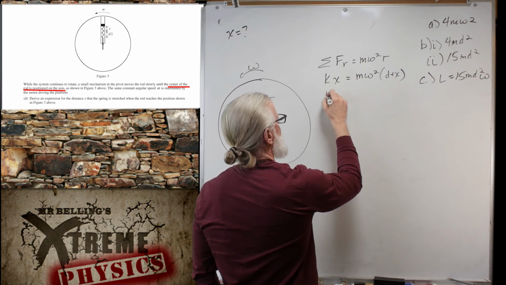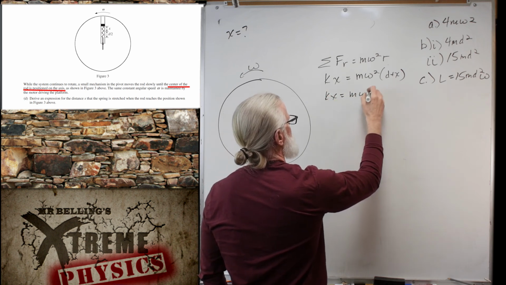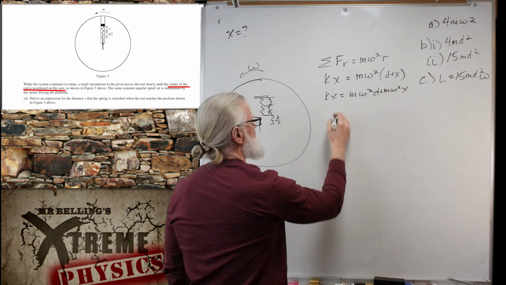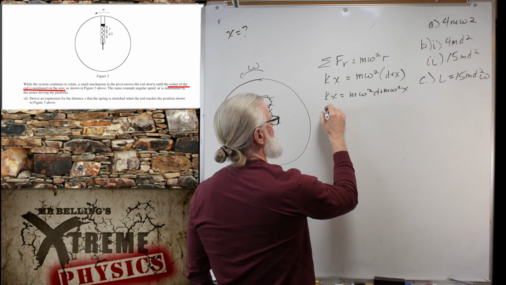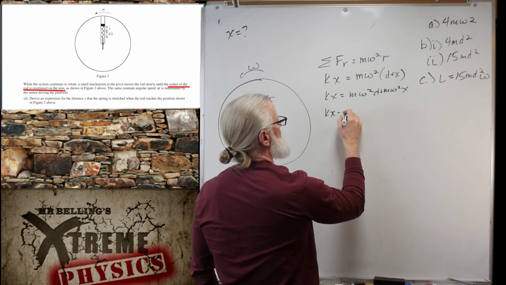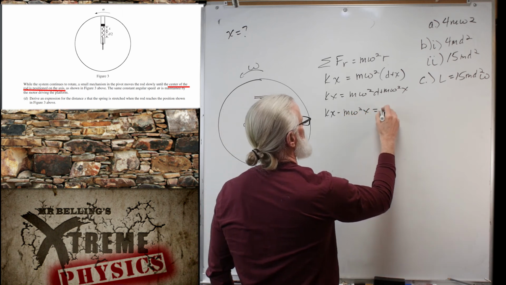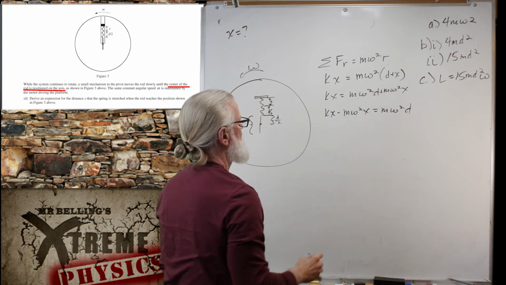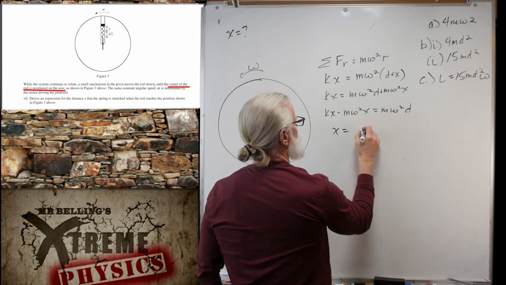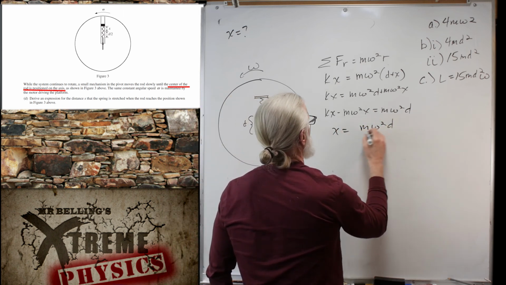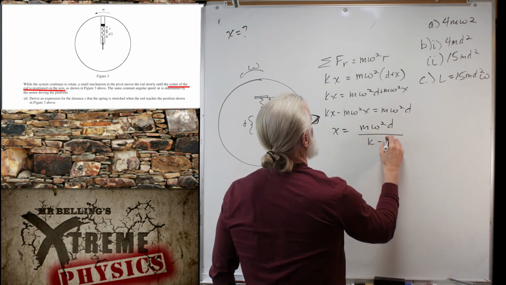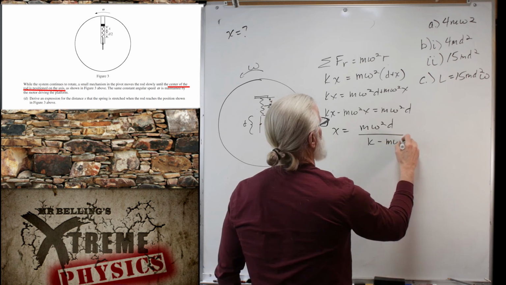So we end up with kx equals m omega squared d plus m omega squared x. So kx minus m omega squared x equals m omega squared d, and x equals m omega squared d divided by k minus m omega squared.